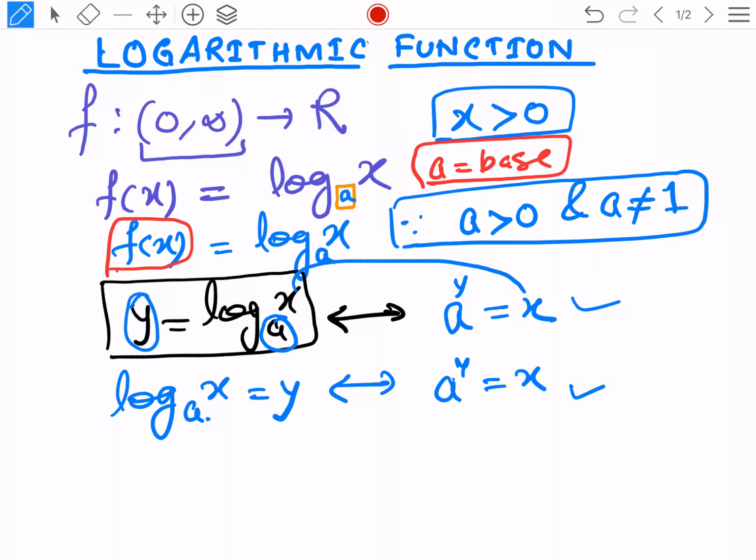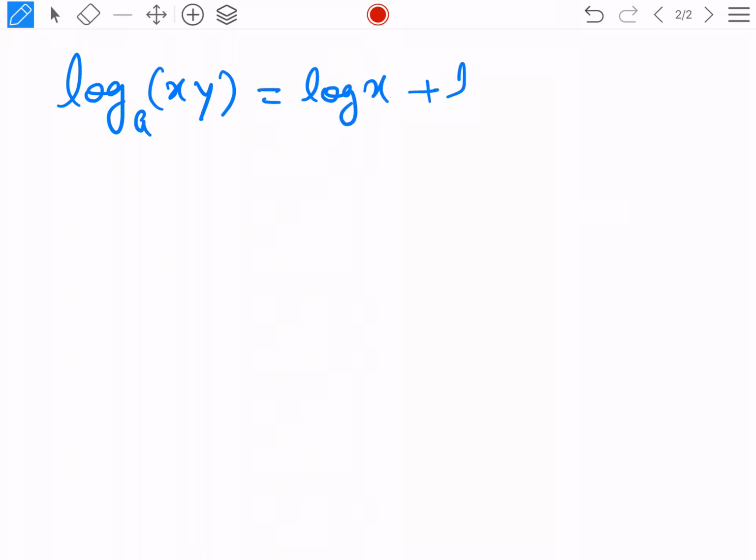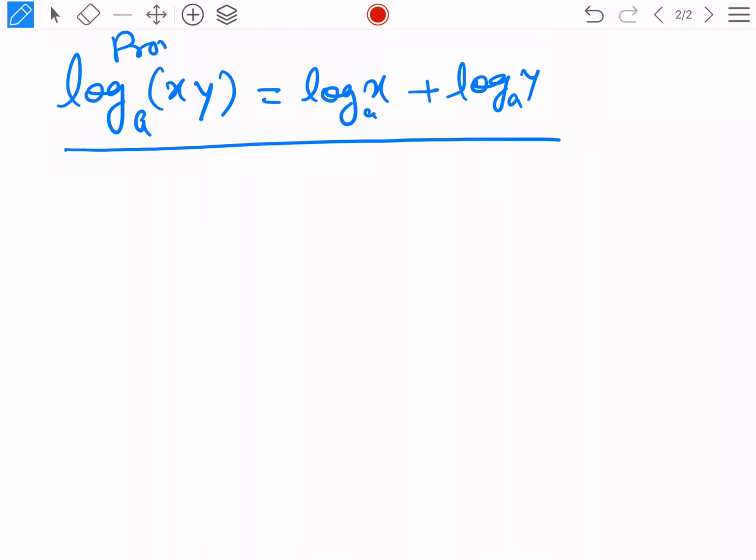So many times we have read that log of x into y on any base is log of x plus log of y. Actually we have used this concept. So students, if we want to prove it, our question is: prove that log of xy is equal to log of x plus log of y.